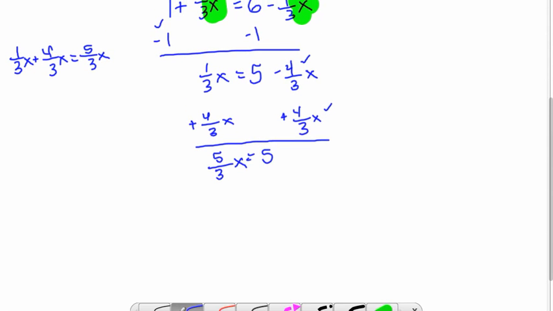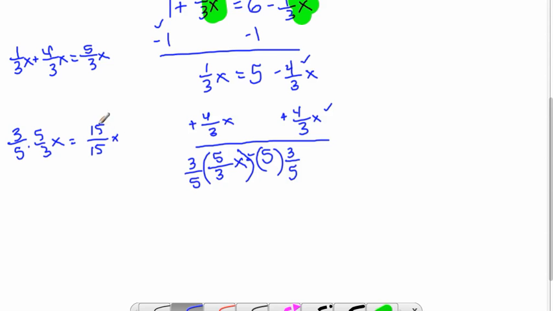Okay, so the easiest way to get rid of a fraction over here is to multiply by its reciprocal, times 3/5. Got to do it on this side also. Let's see what happens. 3/5 times 5/3 x. 5 times 3, 15. 3 times 5, 15.